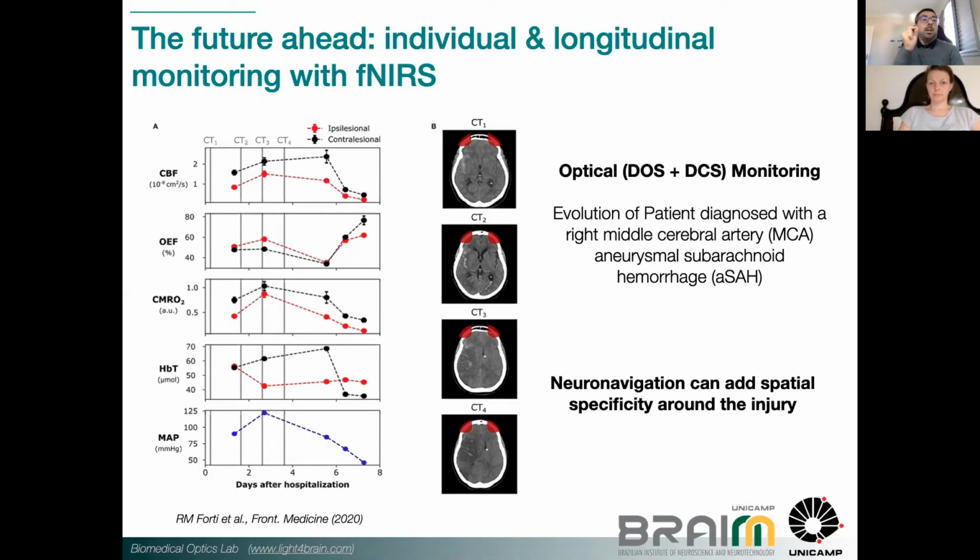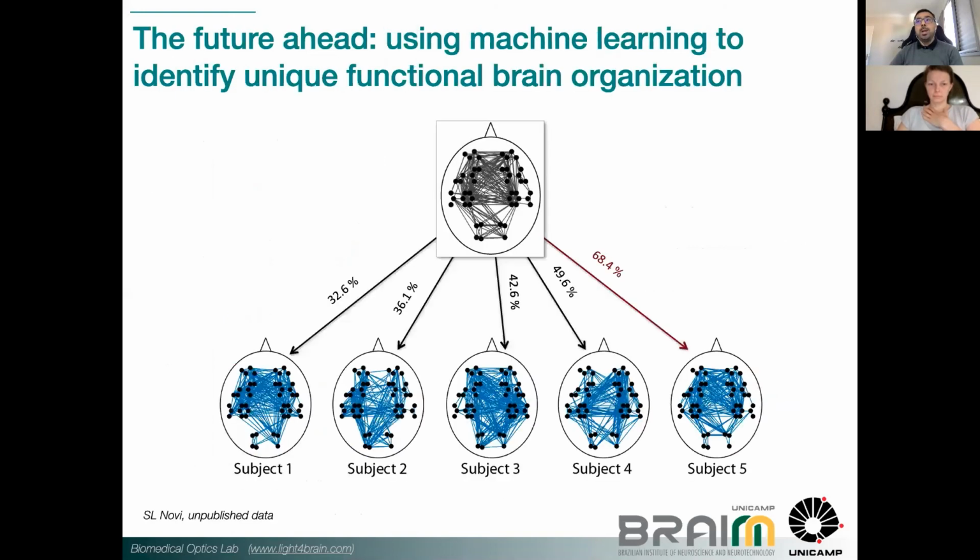But with the neuronavigation tool, you can go exactly where you see the ischemia, and you can monitor the region of interest without variability from one day to the other. This patient, for example, we monitored for 9 days in a row. So you can put the probe on and off every day, and you can look at the same place, and you can understand how the ischemia is developing in a more reproducible way, right?